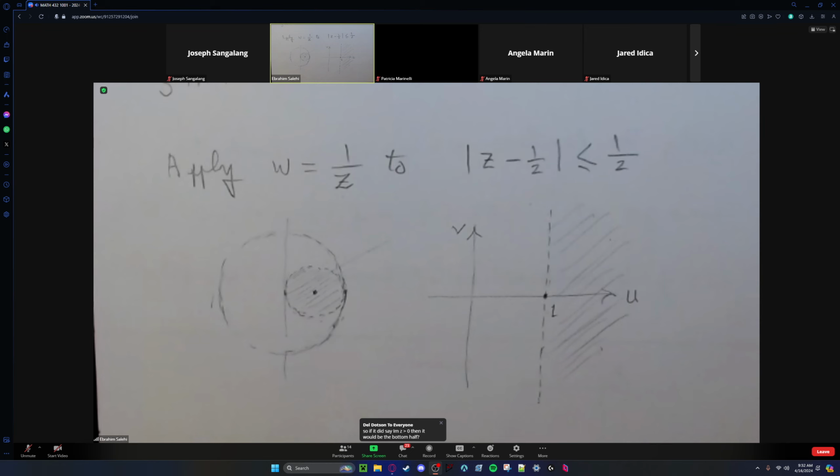Exactly. If it says imaginary part positive, you need to apply conjugation, but in this case, it didn't matter.